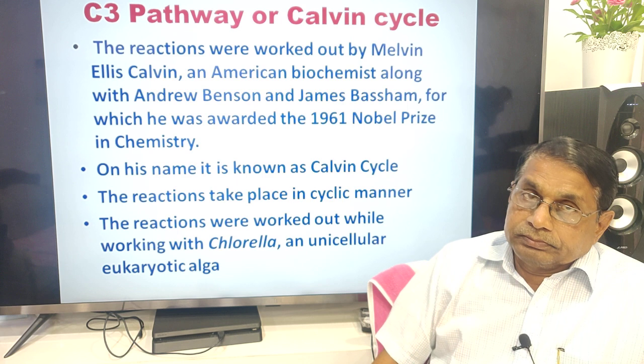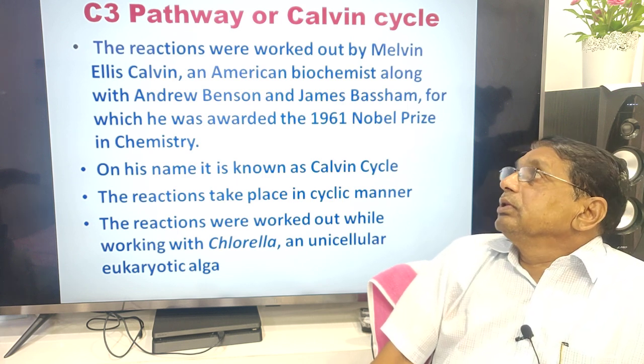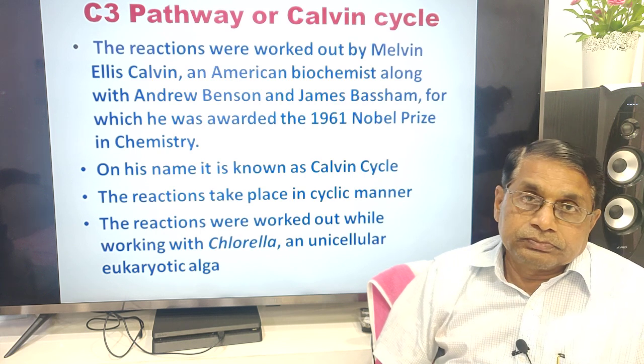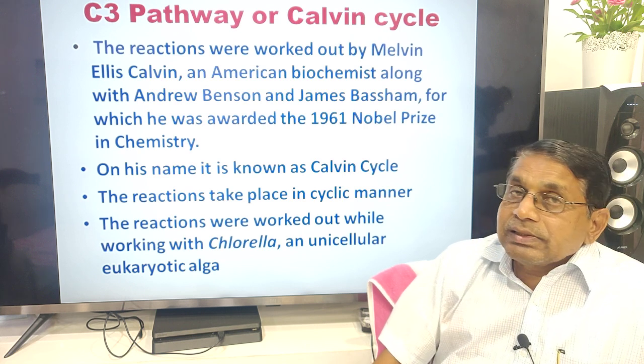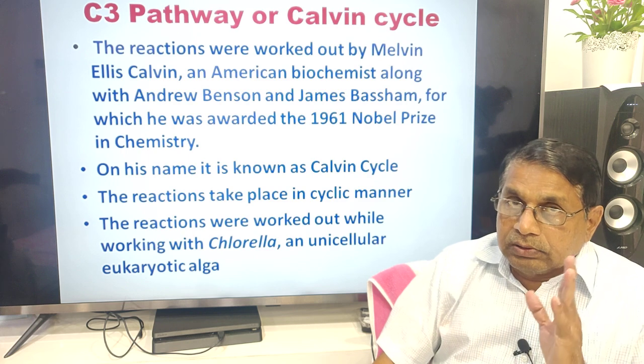Now let us try to understand the C3 pathway. C3 pathway is also known as Calvin cycle. Calvin is the scientist's name.